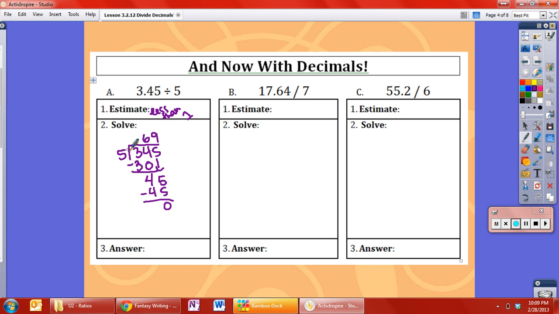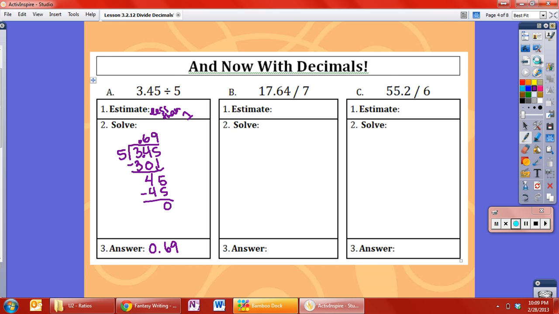So I got 69, but obviously it was 3.45 divided by 5. My answer needs to be slightly less than 1, so if I put the decimal right here, then it would make sense. 0.69. And when you look, that's actually where the decimal was in the problem, which is not a coincidence when you're dividing.